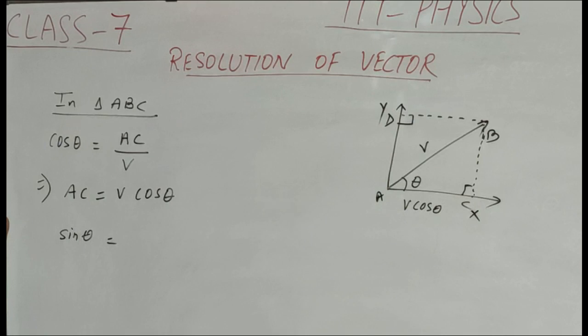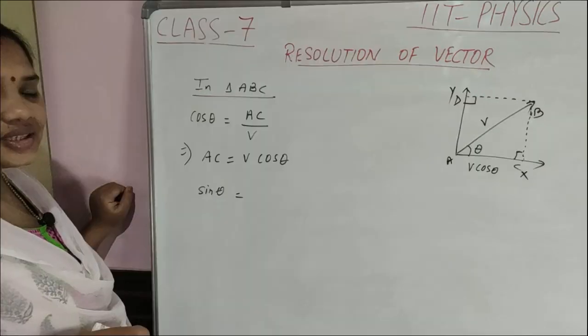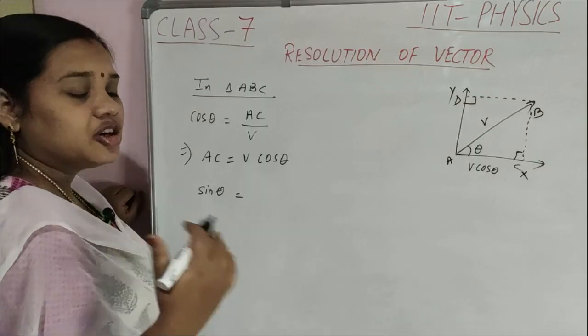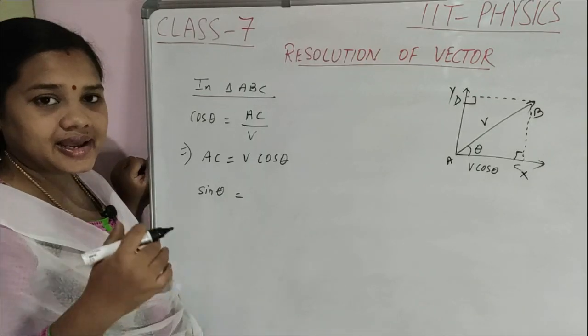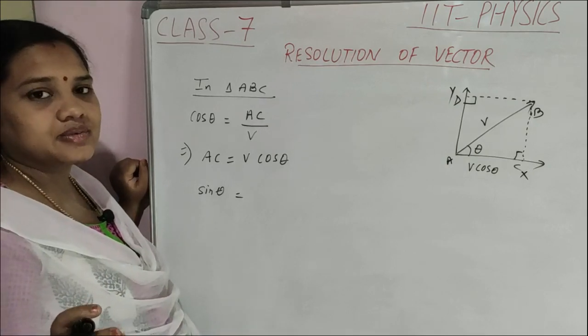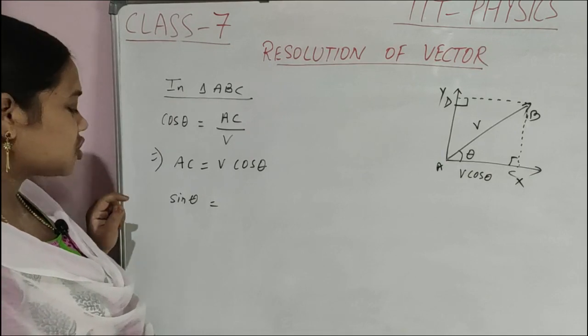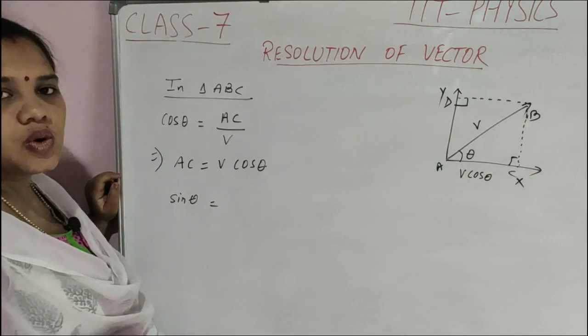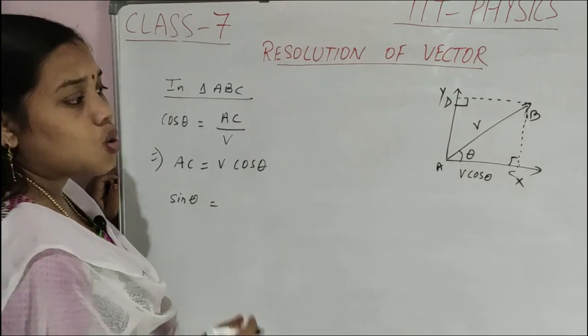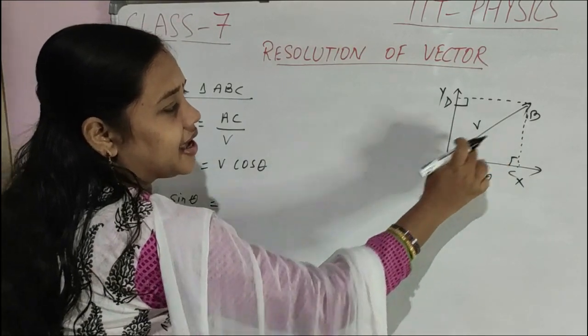The trigonometry that you learned, you have to apply here. That's why you have to watch the full class completely till the end, minimum 2 to 3 times. Then only in the next classes you can understand. So sine theta is equal to perpendicular by hypotenuse. What is the perpendicular in triangle ABC?